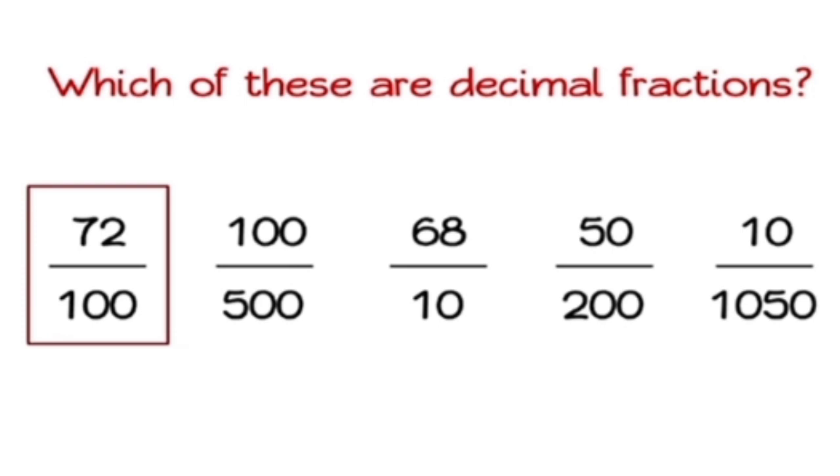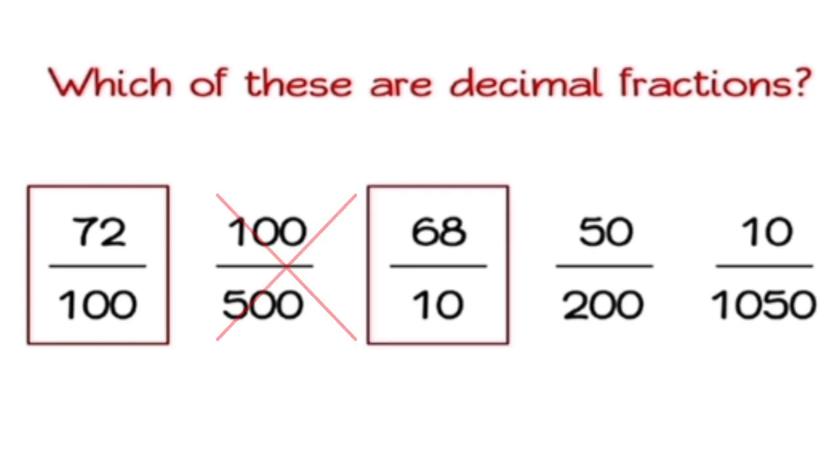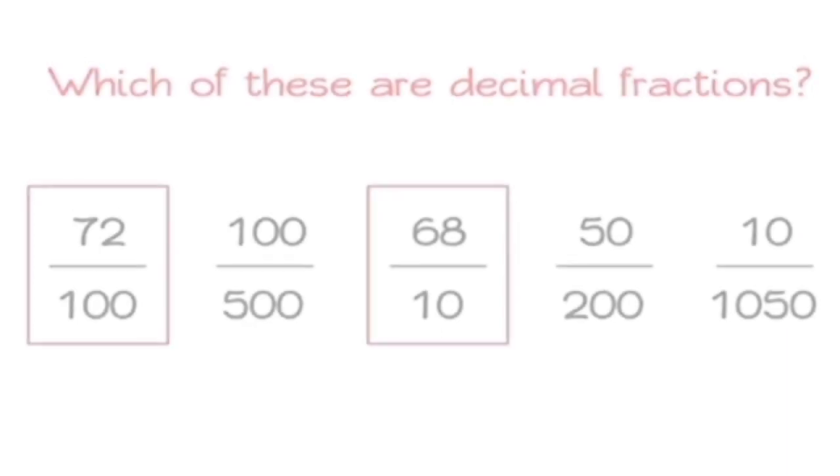Yes, 72 by 100 is a decimal fraction, 100 by 50 is not, 68 by 10 is a decimal fraction, 50 by 200 is not, 110 by 1050 is not a decimal fraction. So we can identify the decimal fraction.